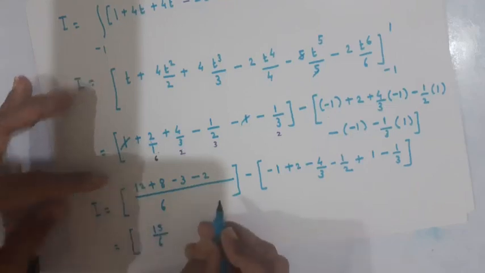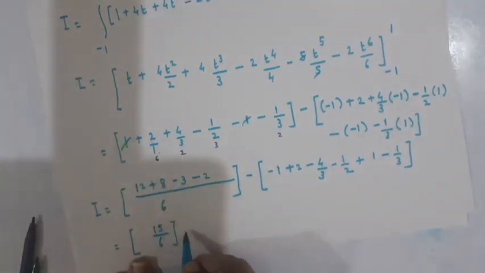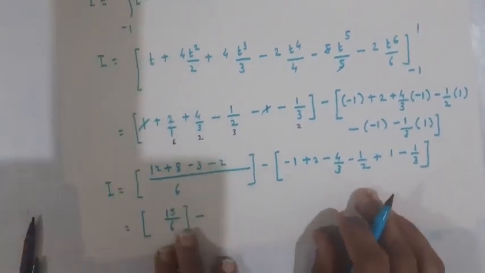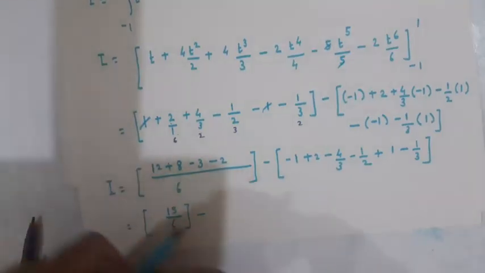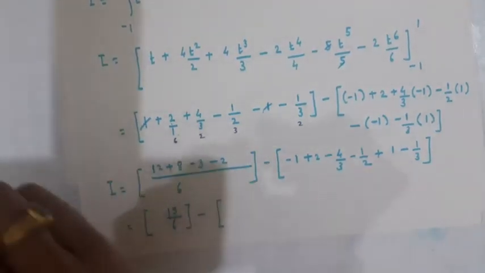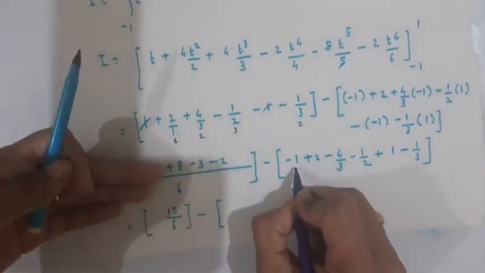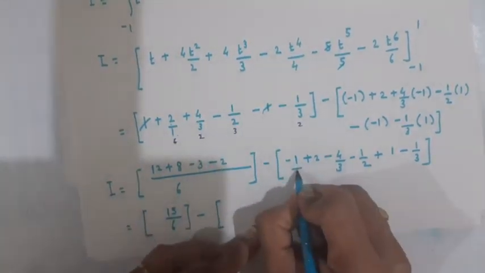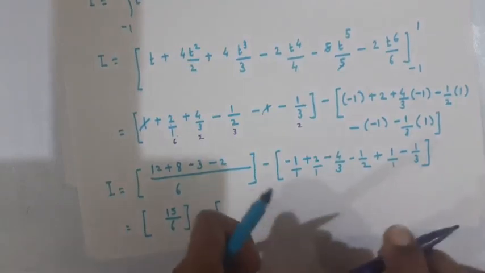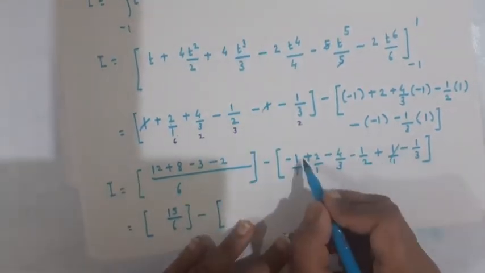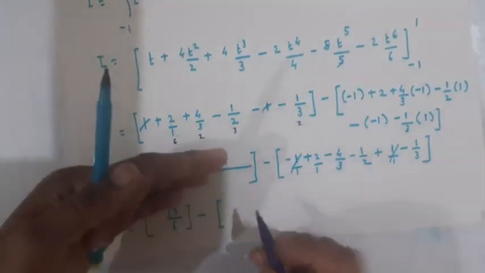This is 15 by 6. This is minus, here also the LCM is 6, here 1 by 1, 2 by 1, 1 by 1. So this plus 1 minus 1 get cancelled, this plus 1 minus 1 get cancelled.